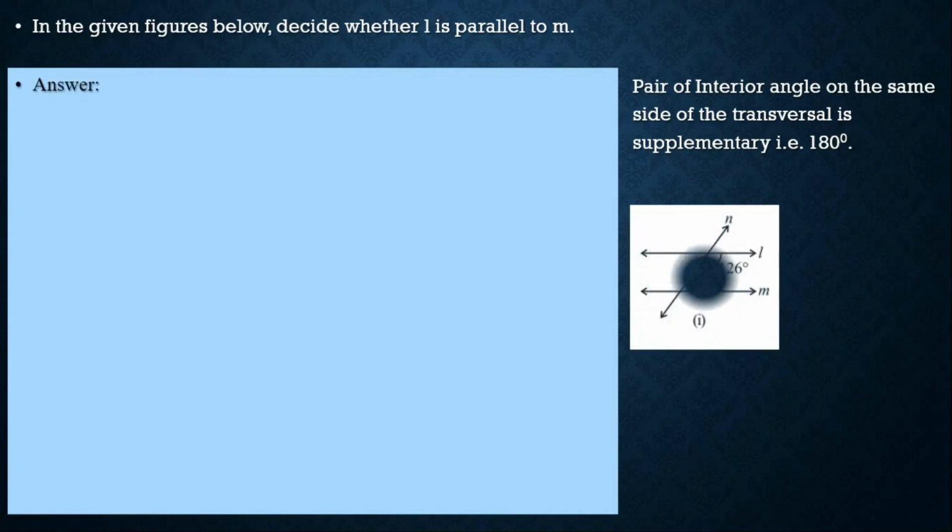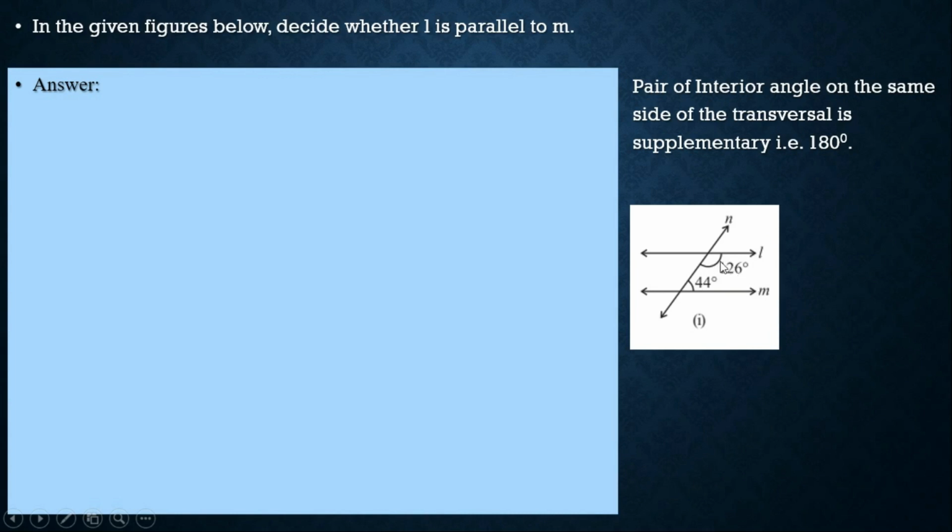Now here is the first figure. Here line L and line M are two lines, and line N is the transversal line. Now here these are the two interior angles given. Now we have to see whether line L and line M are parallel lines or not.